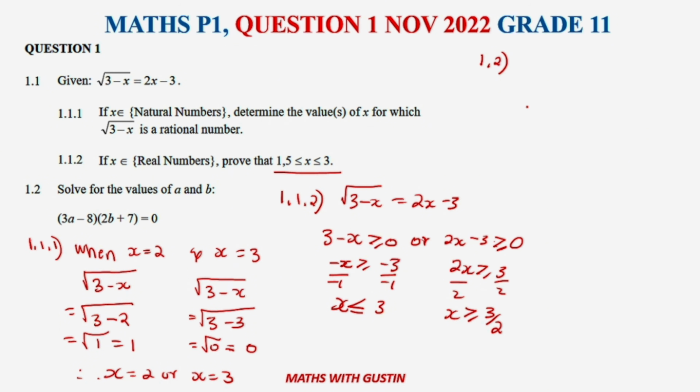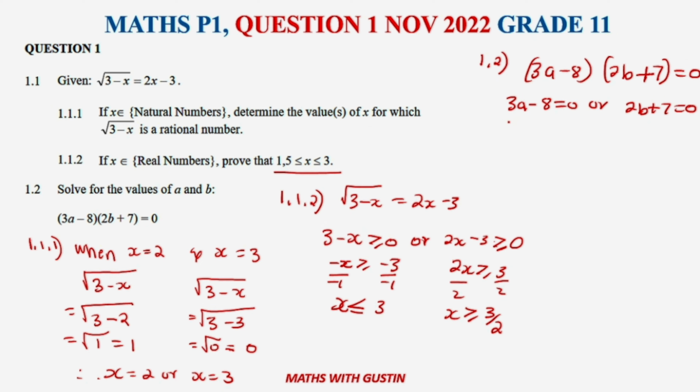1.2 says we need to solve for the values of a and b. They have already given us the equation: 3a minus 8 in brackets, 2b plus 7 is equal to 0. So here we need to solve: 3a minus 8 is equal to 0, or 2b plus 7 is equal to 0.